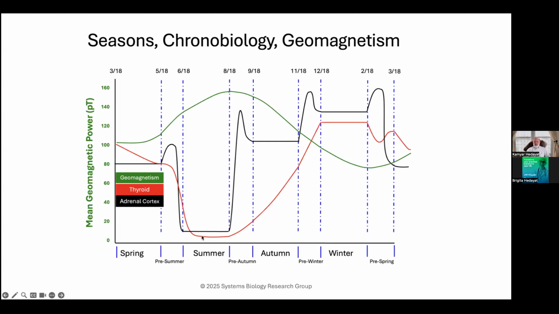Because in all these other times, like here, you see in the pre-autumn and the pre-winter, with each of these boosts, there was some type of relative increase in thyroid activity, but not here. And look at their gap. And now you see what happens is you have this one period of time right here where thyroid activity is increasing, and so is geomagnetic.